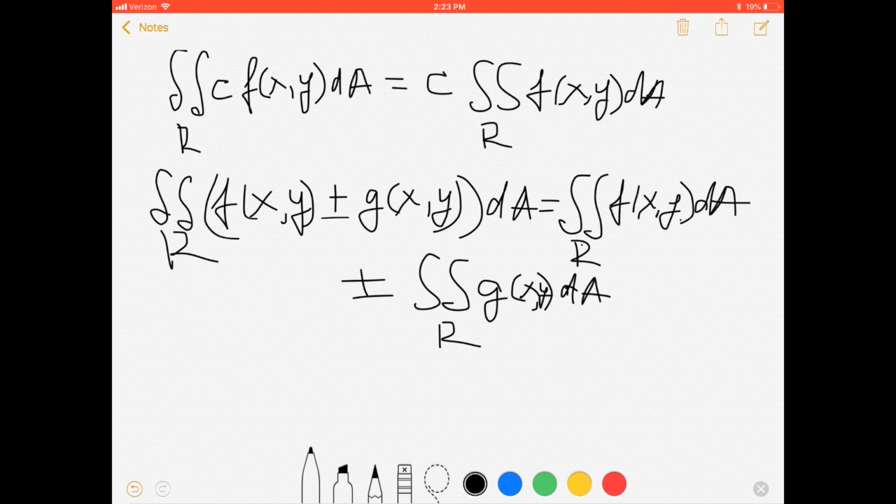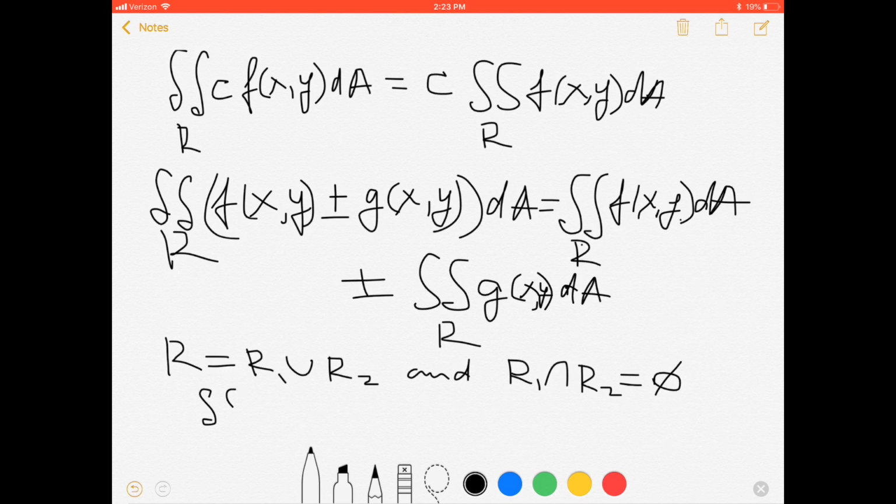If you have your region R, you can rewrite it like the sum of two regions, and the intersection of these parts is empty.